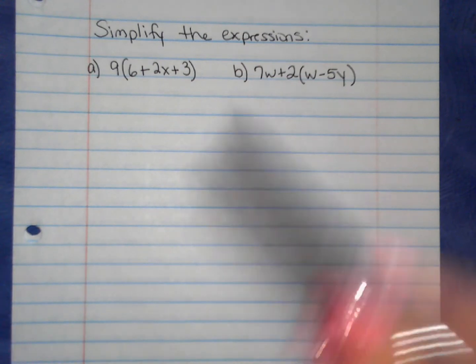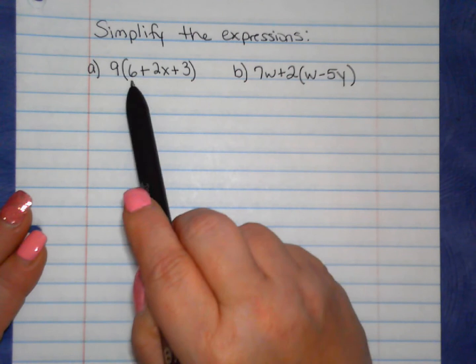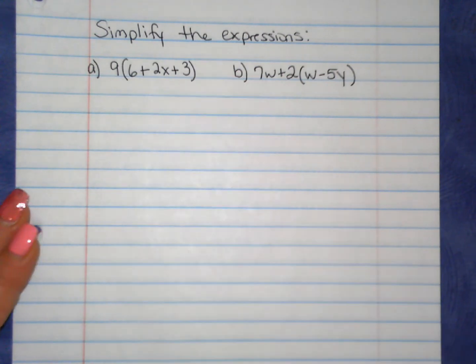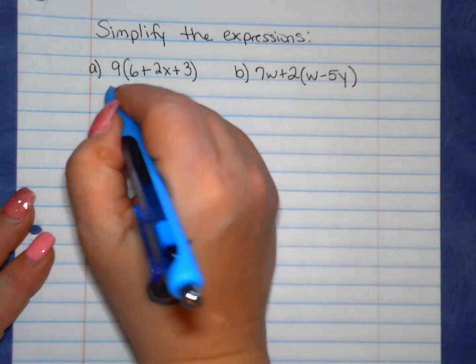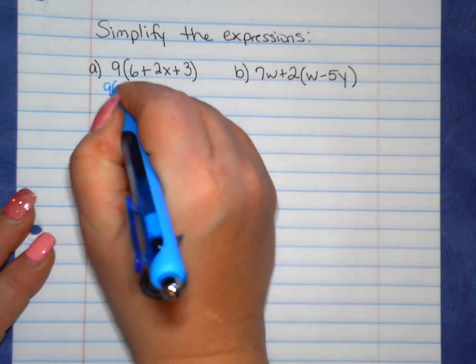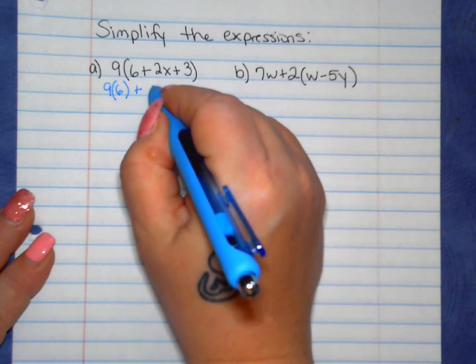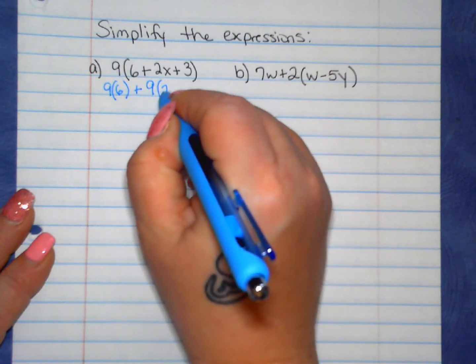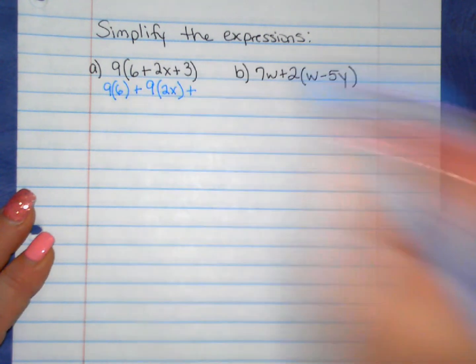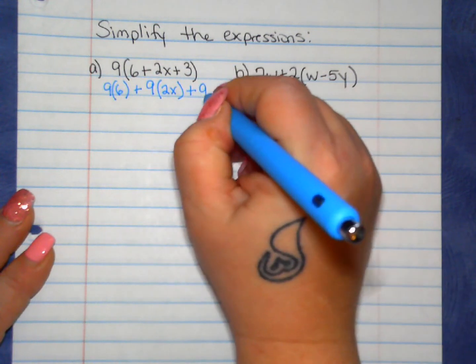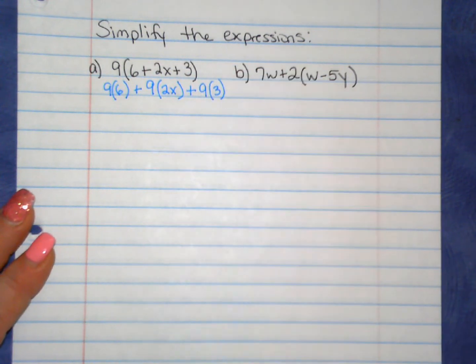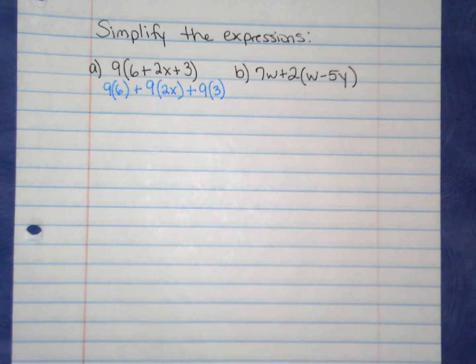Remember, I can distribute this 9 to everything that's in here, okay? So if I distribute this, it's 9 times 6 plus 9 times 2x plus 9 times 3. Whew, my goodness. All right, now I can remember to combine my like terms, right?